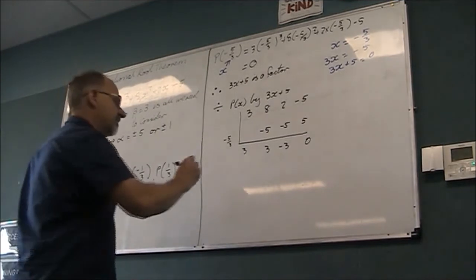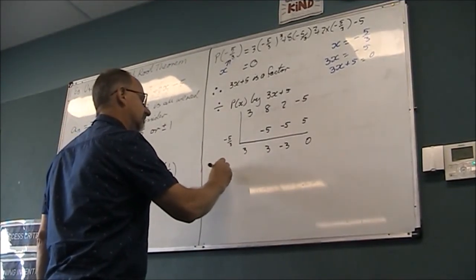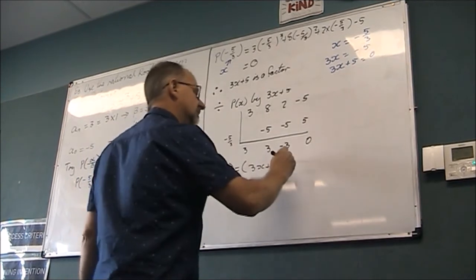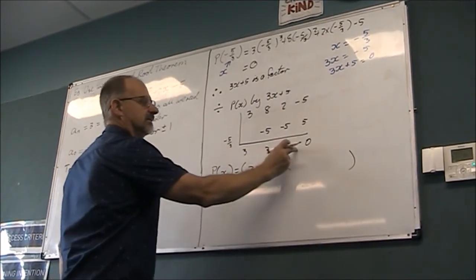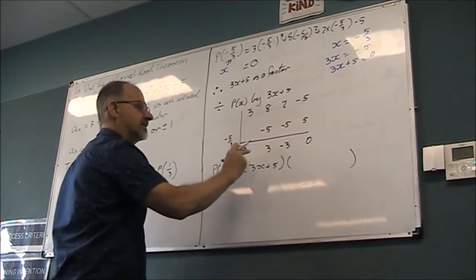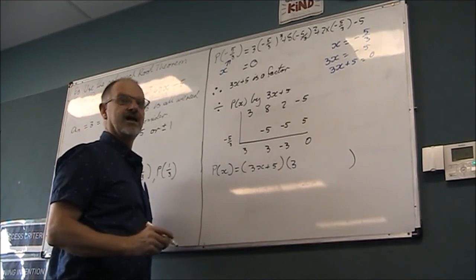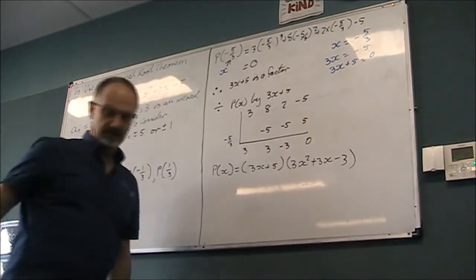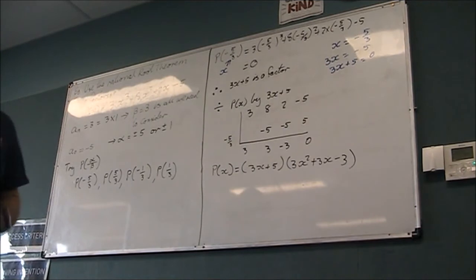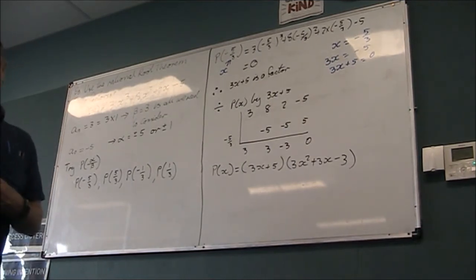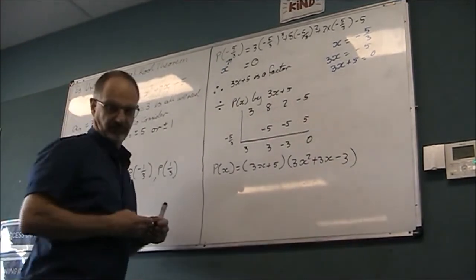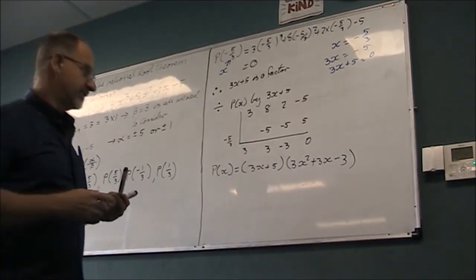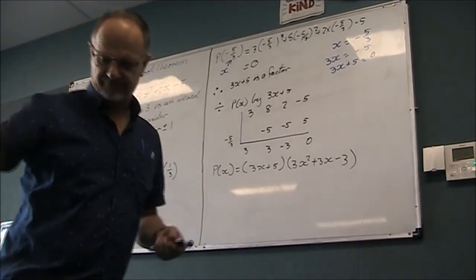Good. So that then means that P of x can now be simplified to this factor, 3x plus 5, and the other factor, this down here, these are our coefficients, 3x squared. Oops, I've written this wrong.